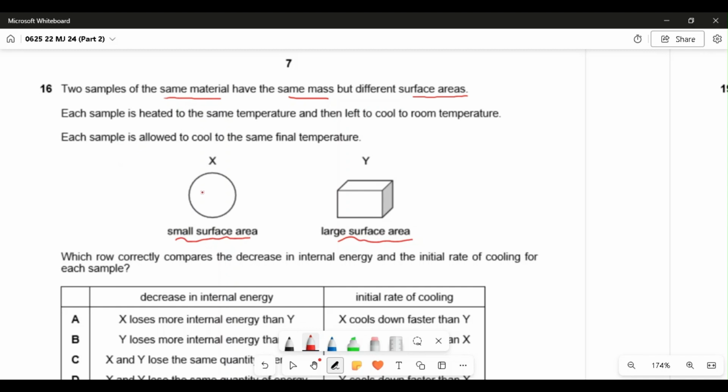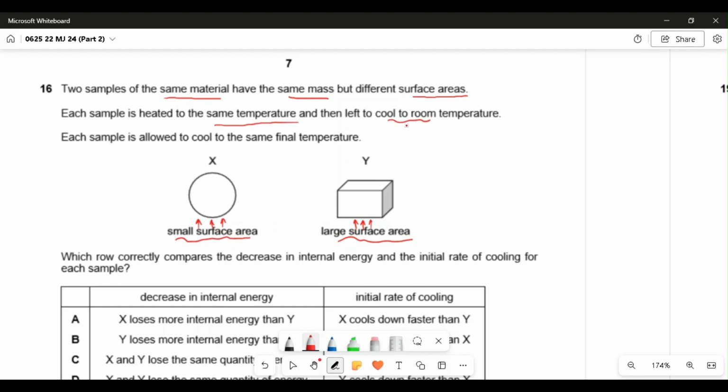We heat both, same material and same mass, but the volume is different, up to the same temperature, and then let them cool to room temperature.